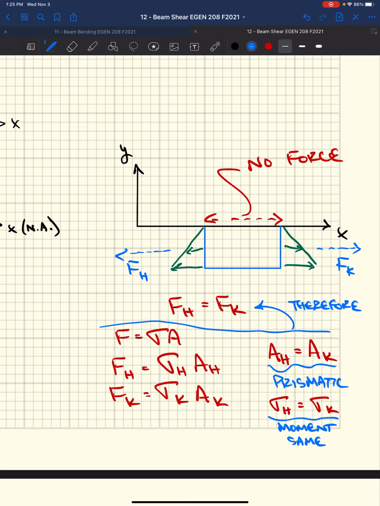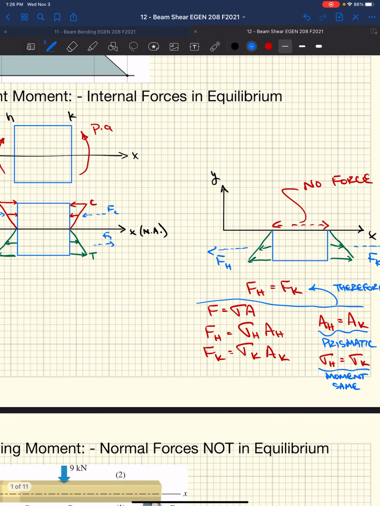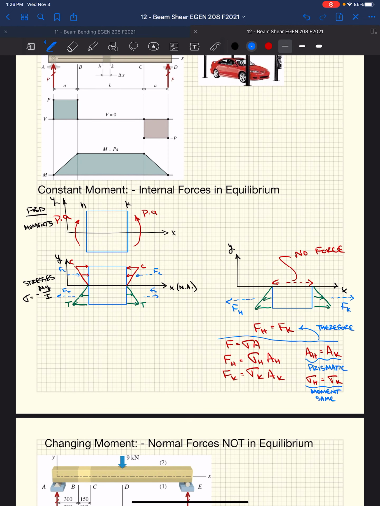Okay. So the only force, if we drew a free body diagram of our beam in the middle of it, where we have constant moment, we're going to have no additional forces other than our normal forces. So that is looking at constant moment, okay?